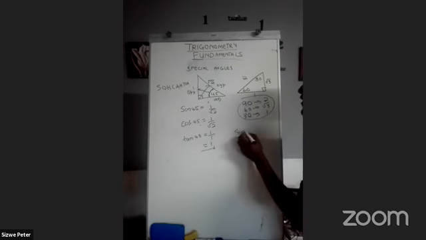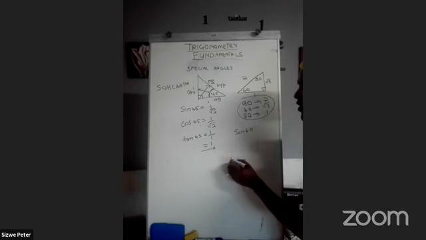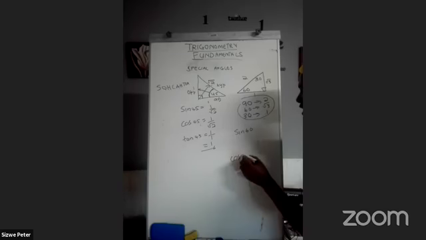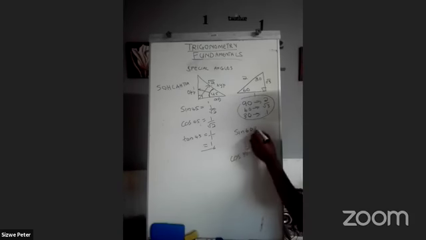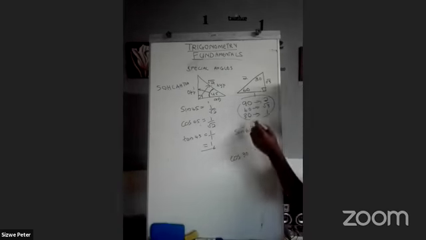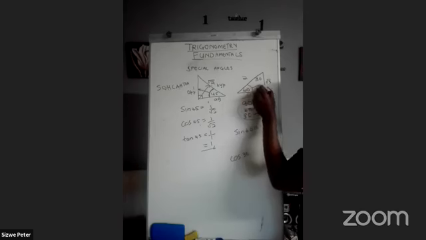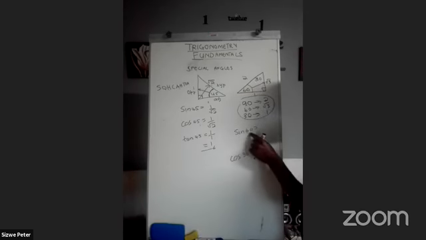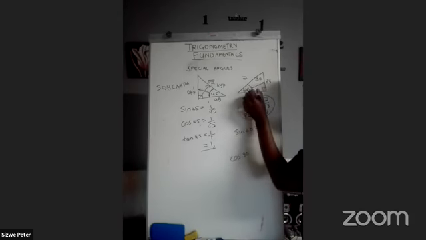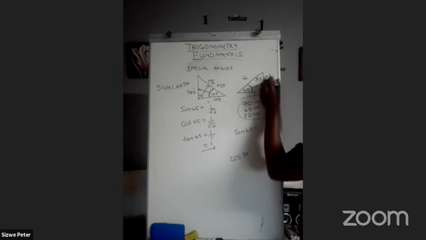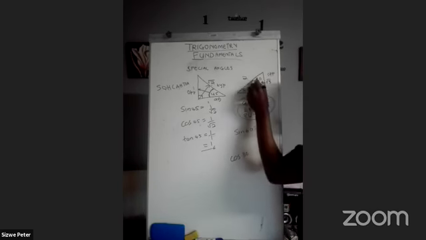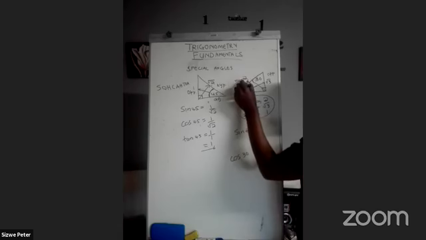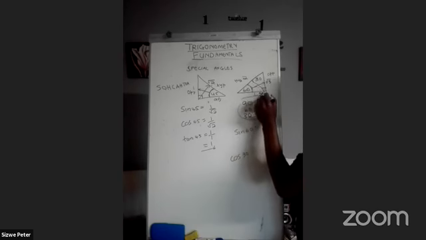Let's try sine 60, and let's try cos 30. Okay, now this is 60, because our main focus is 60. Opposite to 60, you call that opposite. Then opposite to 90, it's always hypotenuse. The remaining one is adjacent.